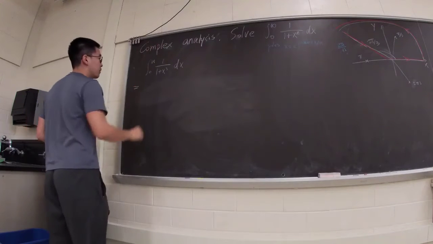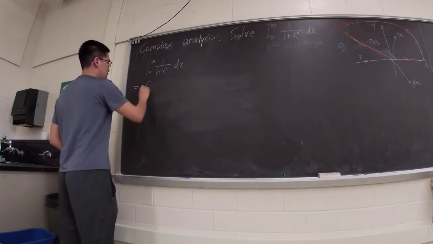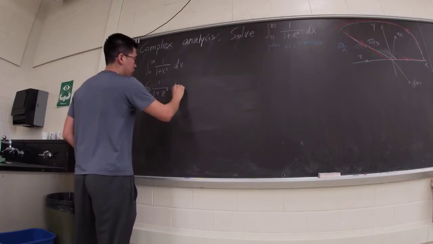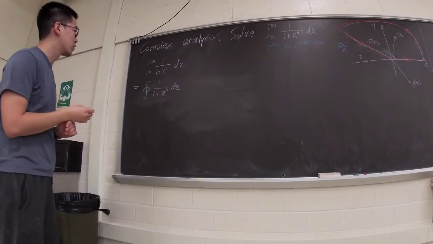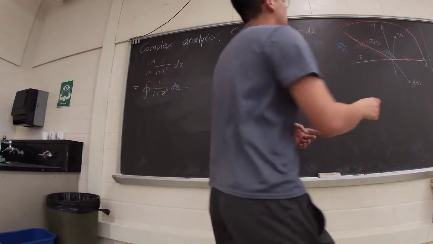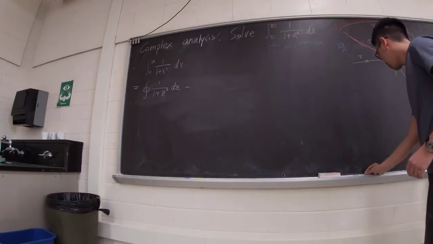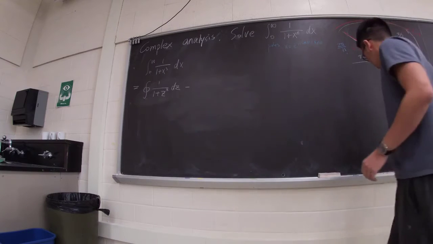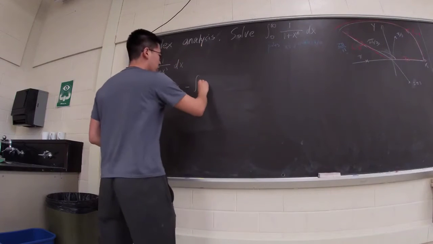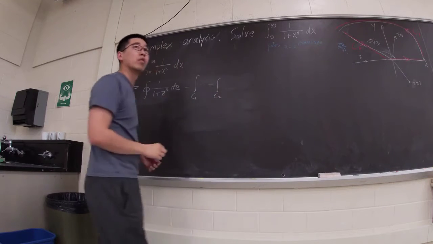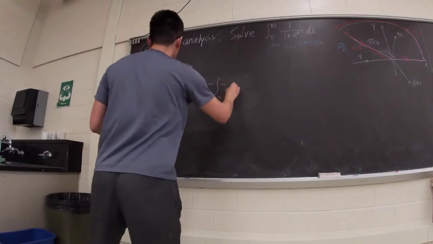The integral equals the whole contour, which could be easily calculated using the residue theorem, minus this arc and this arc, which have the same integral.